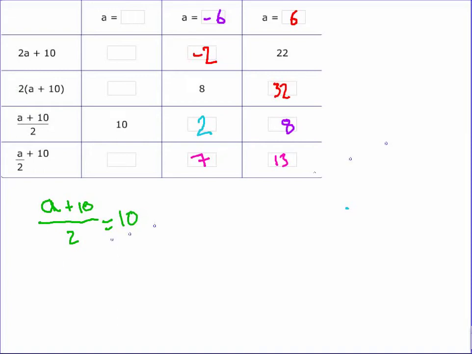Let's just check it. 10 plus 10 is 20, divided by 2 is 10. That's good. So for the first row, 2 times 10 plus 10. BIDMAS says we do the multiplication first, so 20 plus 10, which is 30.